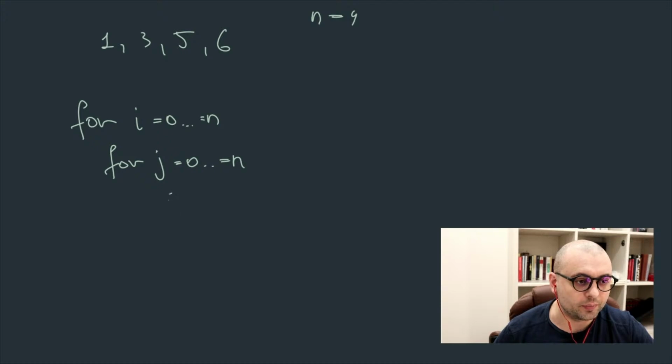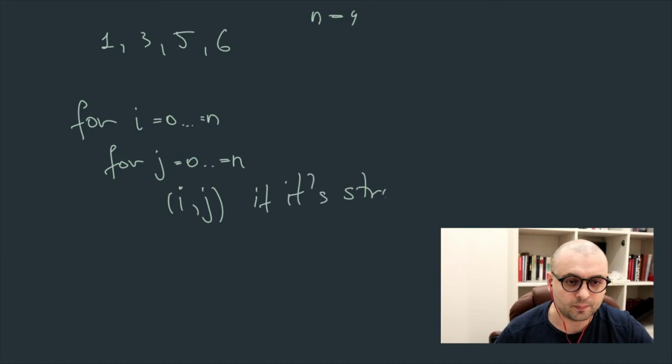A pair will be i, j, but we need to first identify if it's strong. If it's a strong pair, then probably here we'll have a max XOR.